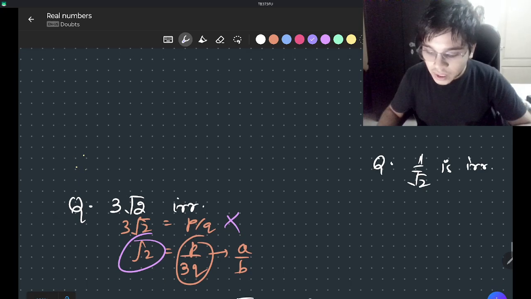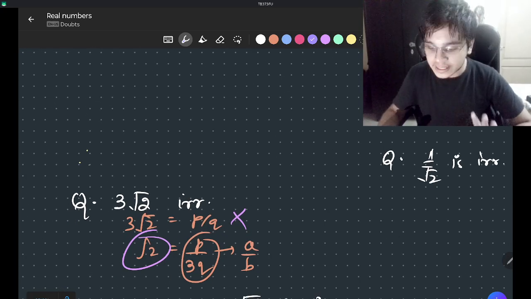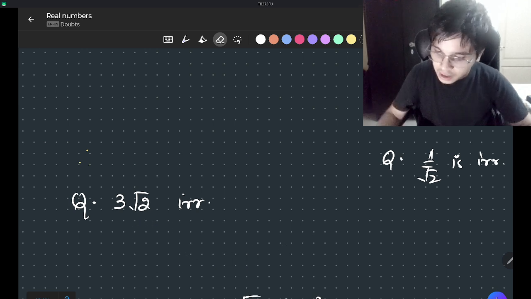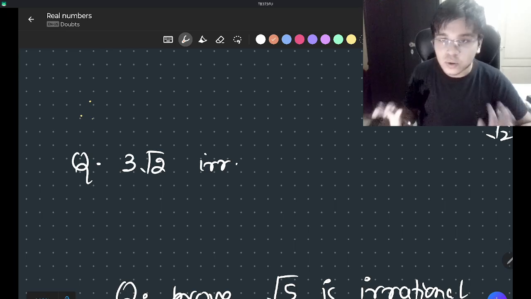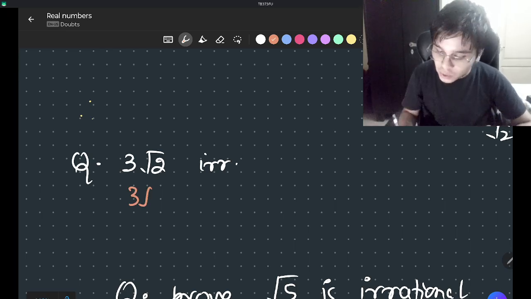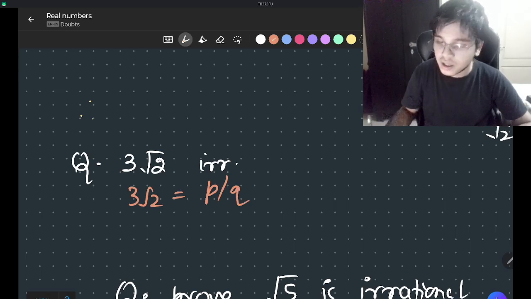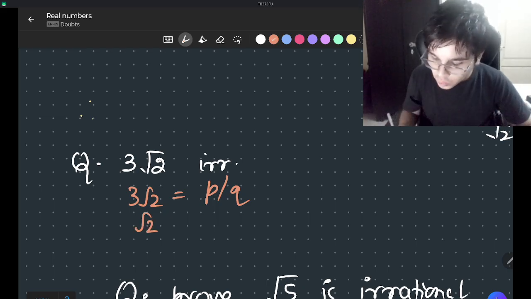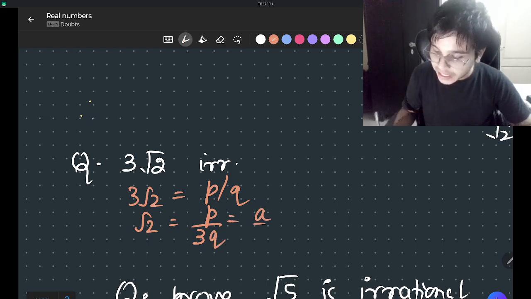Good. Now to prove 3 root 2 is irrational, same, assume 3 root 2 is rational, write 3 root 2 as p by q with the conditions, and cross multiply. Root 2 is p by 3q, and this is say a by b.